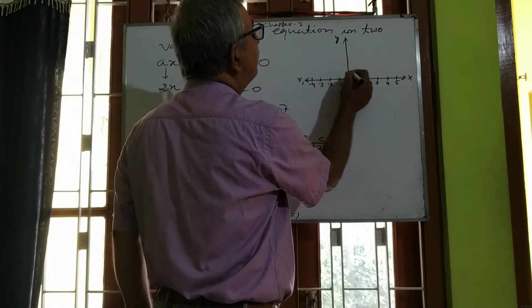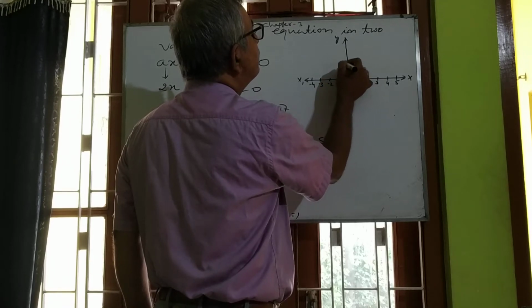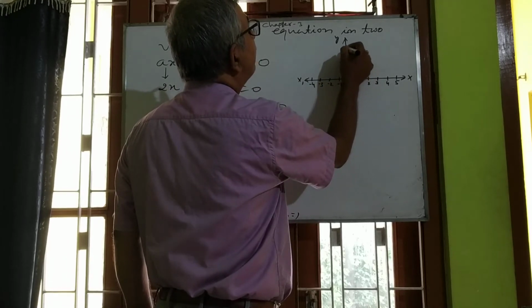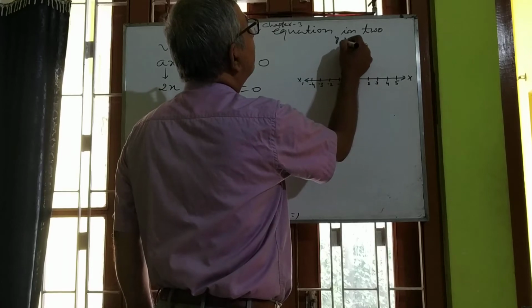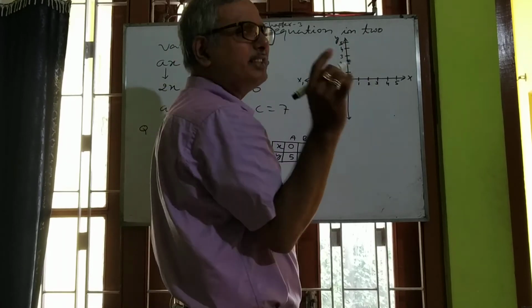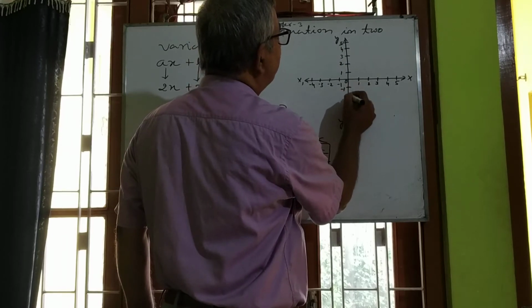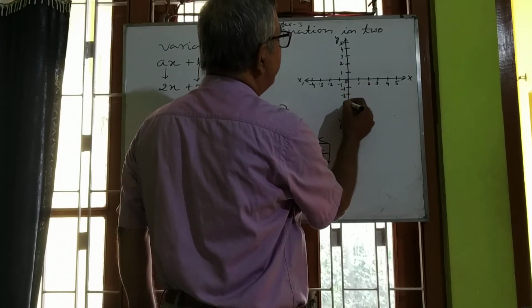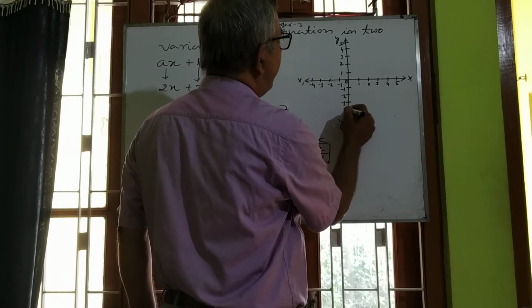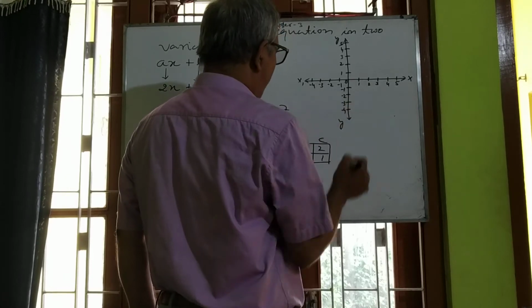Above will be what? 1, 2, 3, 4, 5. You measure 1 centimeter at least. Minus 1, minus 2, minus 3 and minus 4, like that it will go.